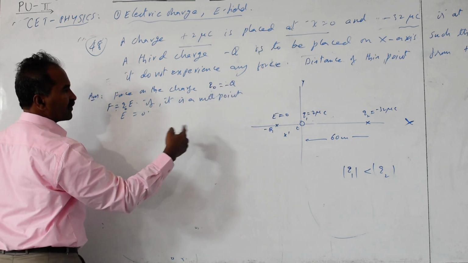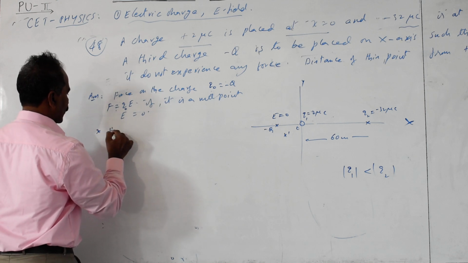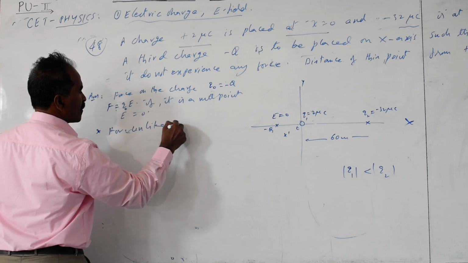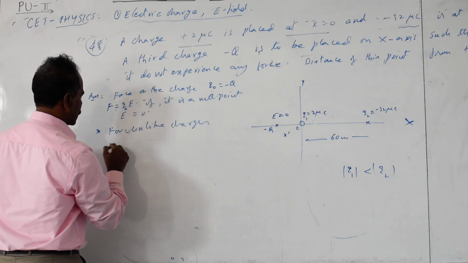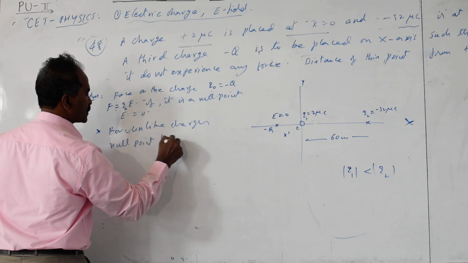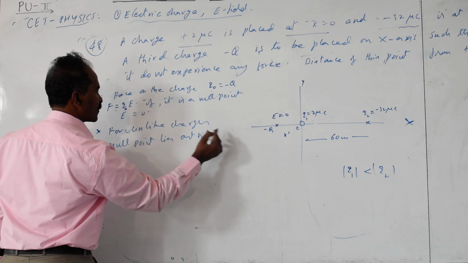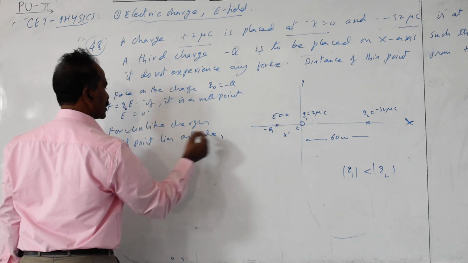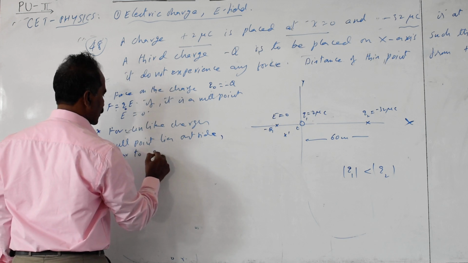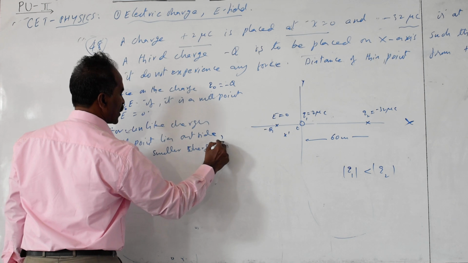Just look at the null point. What we are given is unlike charges. For unlike charges, the null point lies outside, near the smaller charge in magnitude.